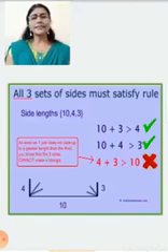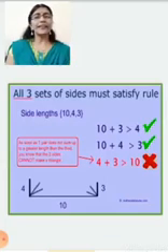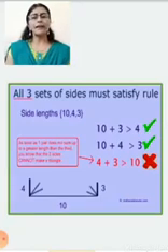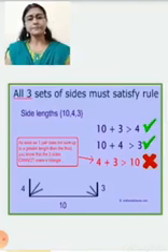Second combination, 10 plus 4 is 14. 14 is again greater than 3. Now the third one, 4 plus 3. 4 plus 3 is 7 and it is not greater than 10. So if one of the sets of sides does not satisfy the rule, we cannot form a triangle. So here, with the sides 10, 4 and 3, we cannot form a triangle.